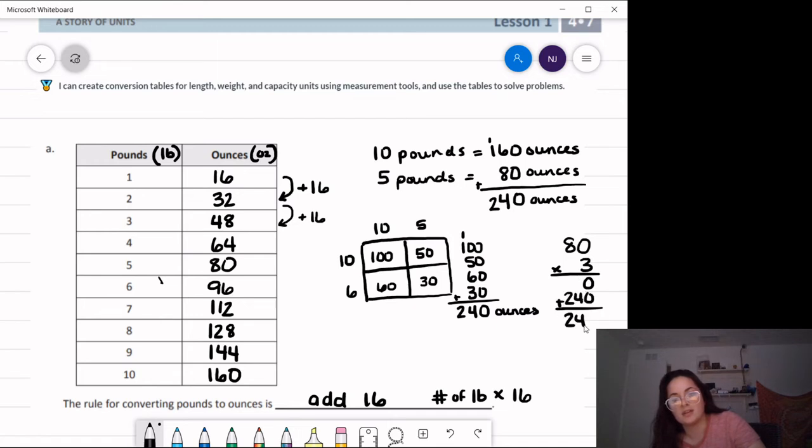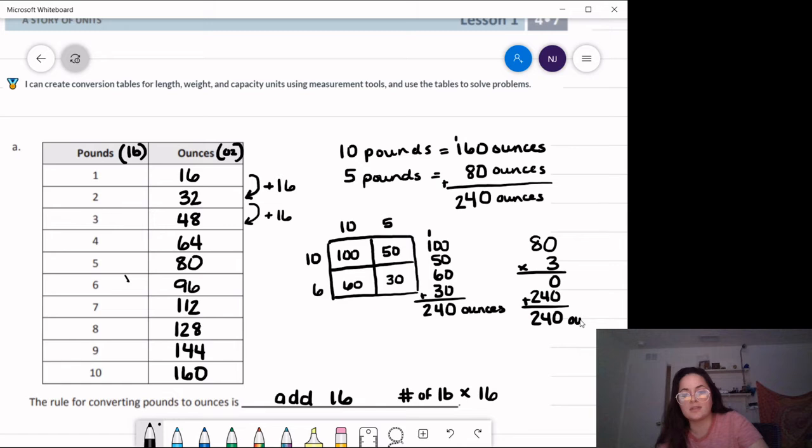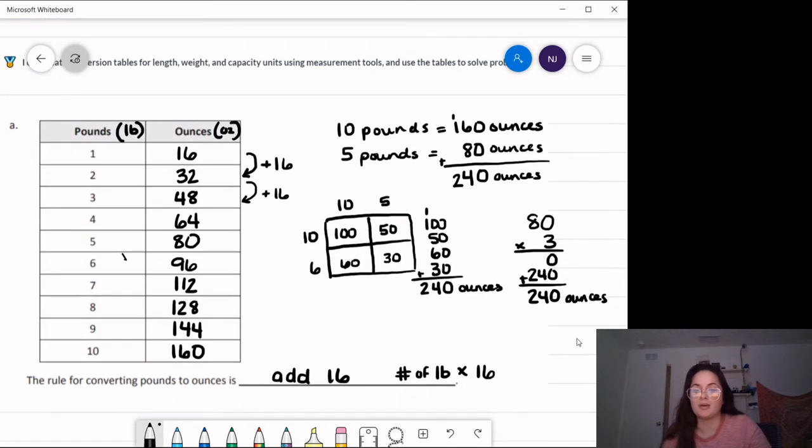Add it all together, you get 240 ounces. Make sure you are including those units, because we're talking about a lot of different units in lesson 1, so I need to make sure that I know that you know what units you're talking about. So make sure you are including those units in there.